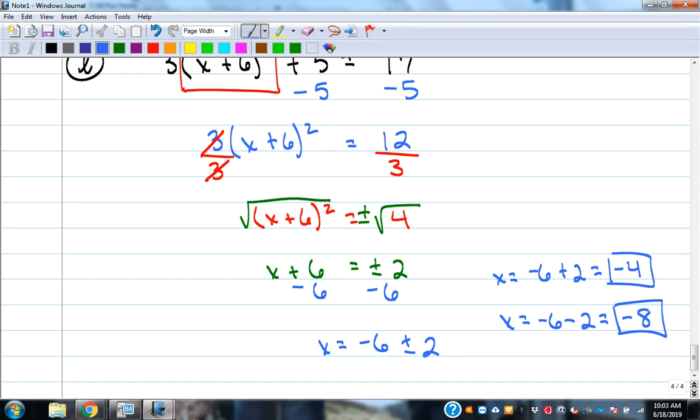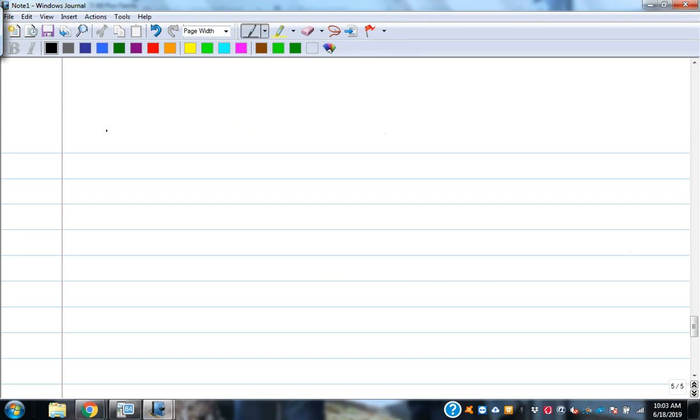So that's where this last method comes in. And it's actually the most powerful method because it always works. No matter what, this method works. That method is called the quadratic formula. Quadratic formula.